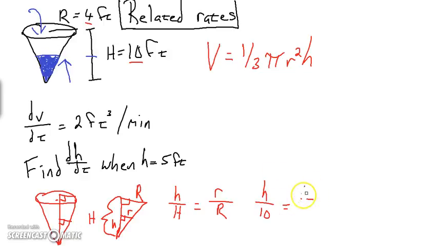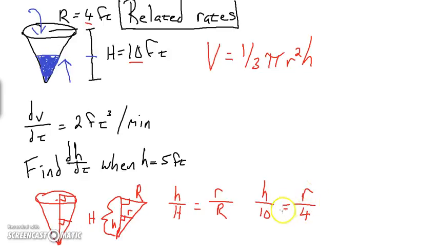That's our unknown variable, over our big R, which is 4 feet. Okay, so those are our ratios. Somewhere there's a little triangle with h, somewhere there's a little triangle with a radius of r, and then our big triangle with a height of 10, and our big triangle with a radius of 4.